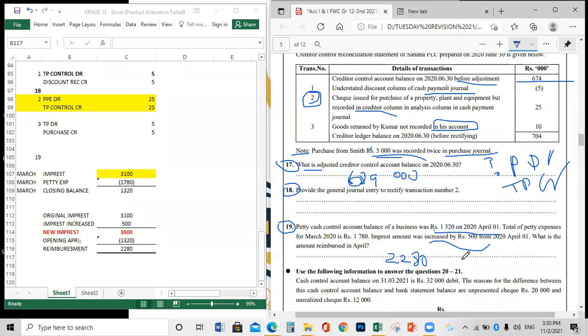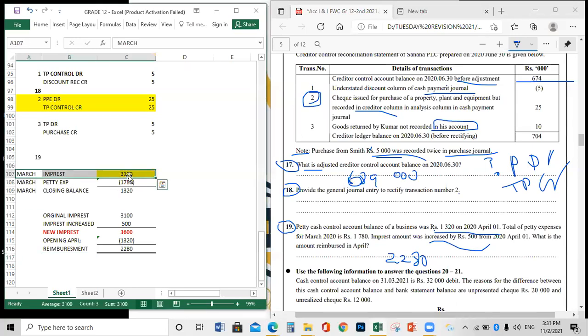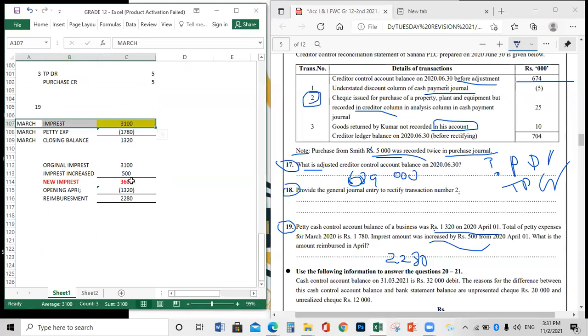Clear? So this is how you will do it. First, we found out the original interest. After that, we had to find the new interest: to the original interest, you add the increase in interest, and you get the new interest. After you find the new interest, you deduct the amount you have in hand to find how much you should ask from the main cashier.